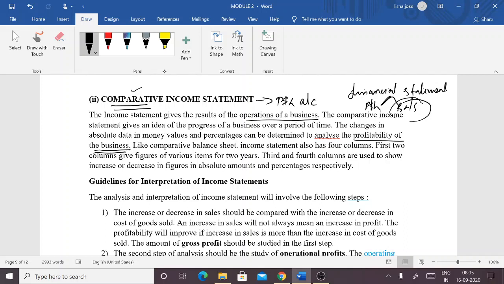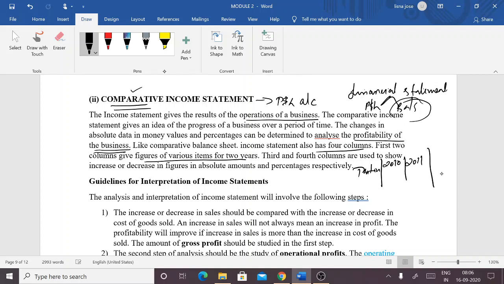So just like the comparative balance sheet, the income statement also has 4 columns. The first column is all about particulars. Then the second and third columns show the figures of various items for 2 years.